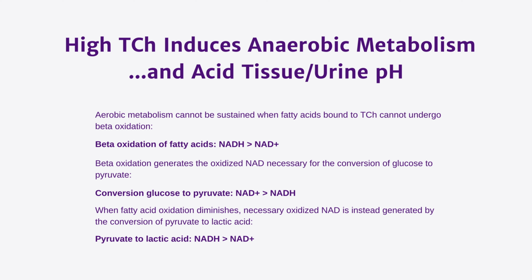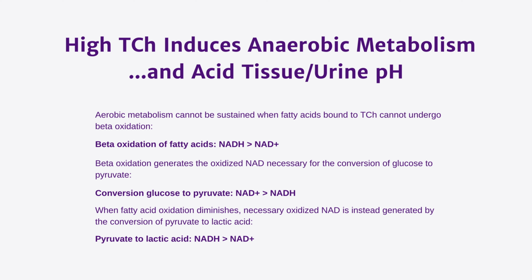The anaerobic metabolism is only partially due to a shortage of oxygen. High cholesterol in cell membranes makes the membranes less permeable to oxygen. Aerobic metabolism cannot be sustained because fatty acids bound to the high tissue cholesterol cannot undergo beta oxidation.